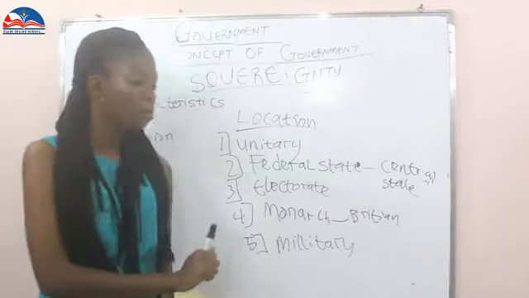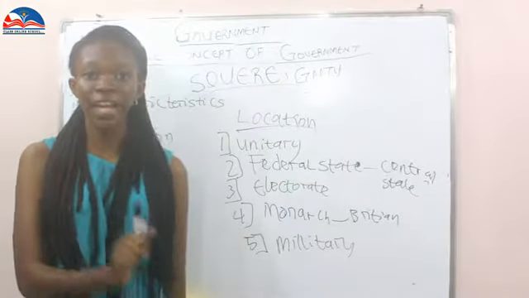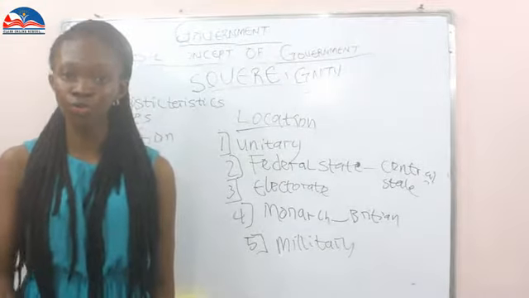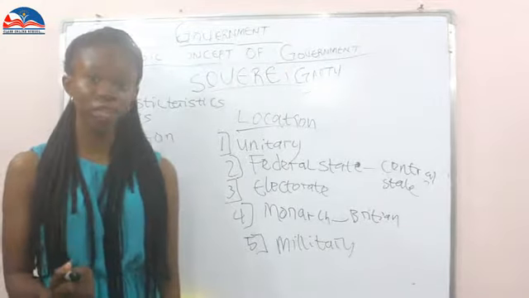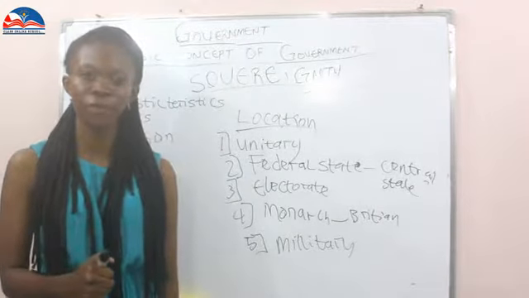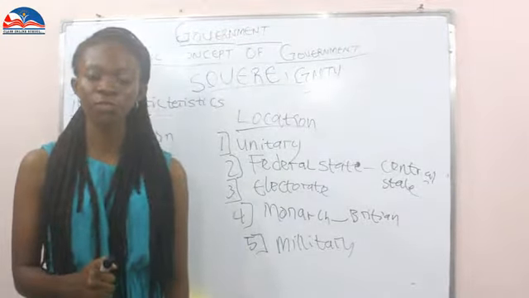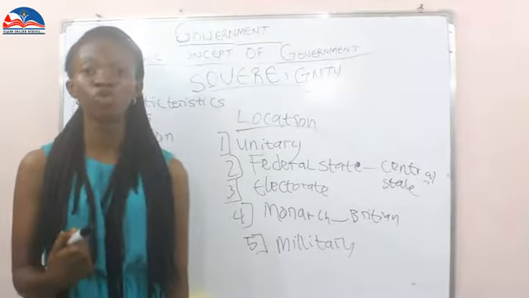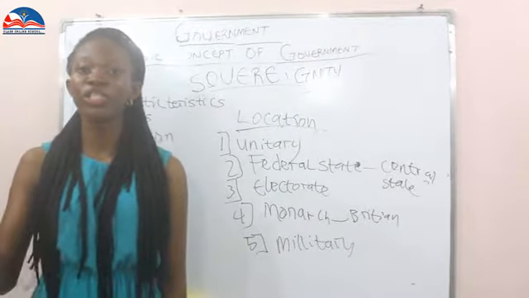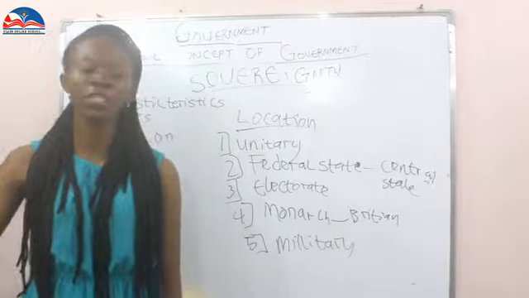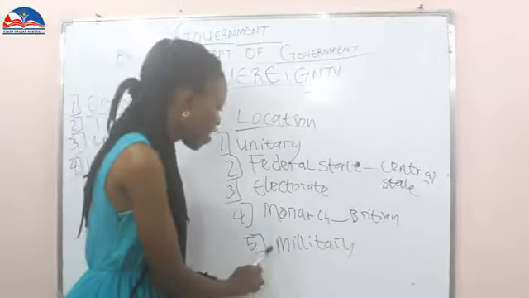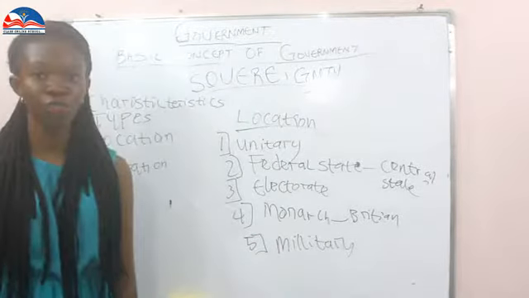Number 4, we have monarchy, whereby a king or a queen rules. You can say monarchy stroke traditional system of government. Like in the case of Britain, the queen is said to wield supreme authority. She can be said to be the sovereign of the state. Then 5, we have military.